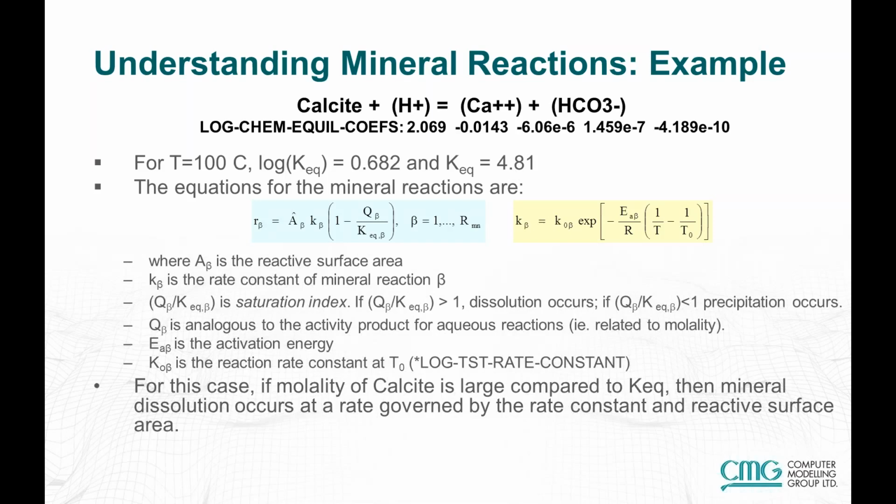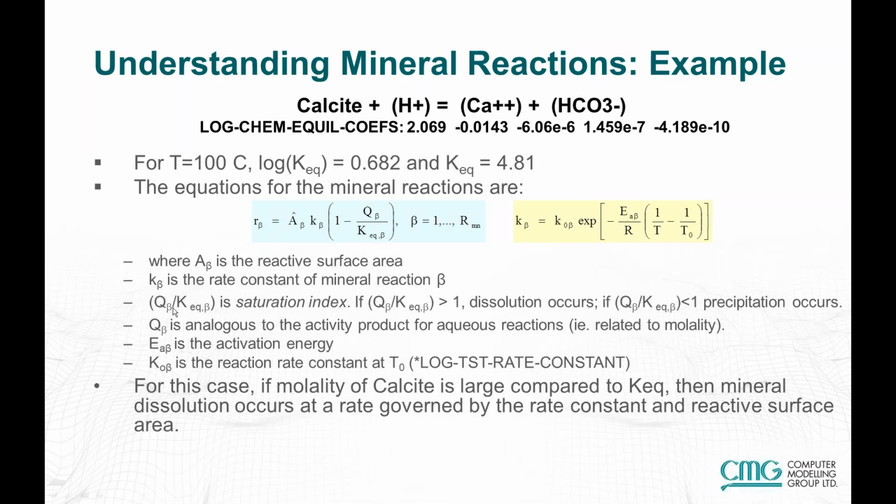Now the equations for the mineral reactions are a little different here. Here the reaction rate is given by our A sub beta, which is the reactive surface area, times K sub beta, which is the rate constant, given by this equation on the right, which is our normal Arrhenius equation, which has the activation energy, gas constant, and temperature. And then it's multiplied by this 1 minus Q over K_eq.